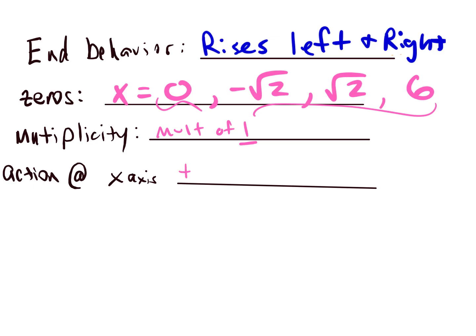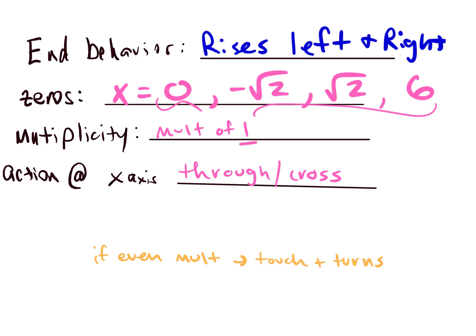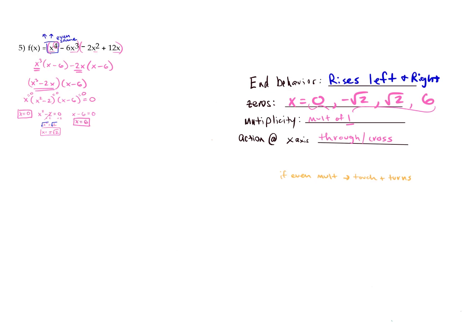Either way is fine. Through or cross, whatever you want to call it. Remember, if your multiplicity is even, then it touches and turns or bounces off the x-axis. But let's graph this now.